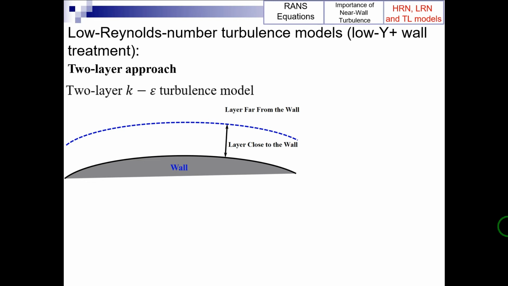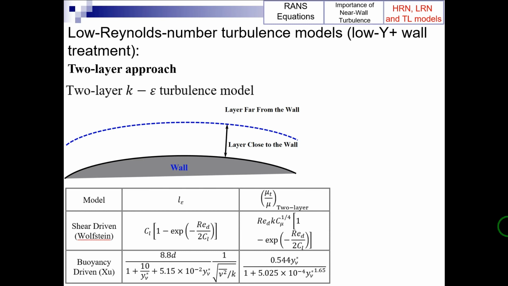Several types of two-layer formulations have been proposed, but here two of them are presented. One for shear-driven flows, as we can see here, and one for buoyancy driven flows. D indicates the distance to the wall. RED is in fact the wall distance Reynolds number.